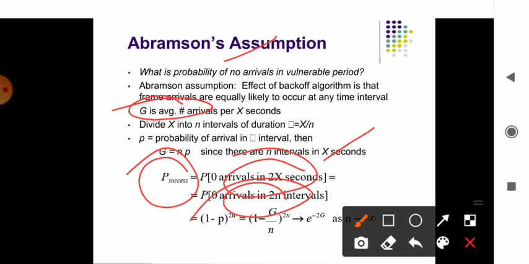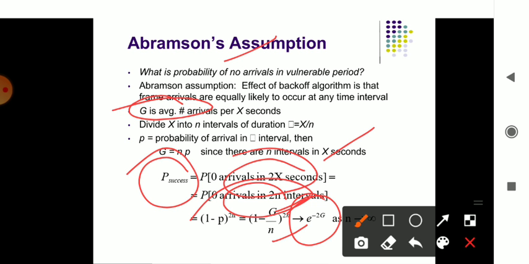Okay, so you have (1 minus P) whole to the power n. It is nothing but 1 minus the load divided by the n number of probabilities which are reaching successfully with transmission to the other end with the frame. So you can say it as e to the power minus 2G, where n is infinity.